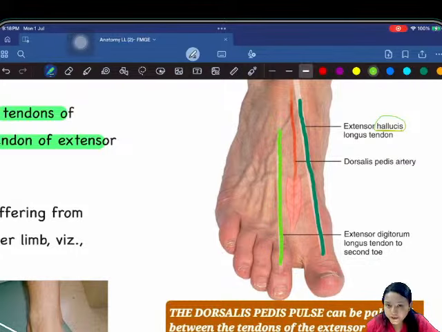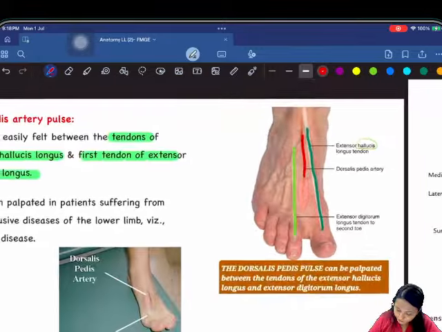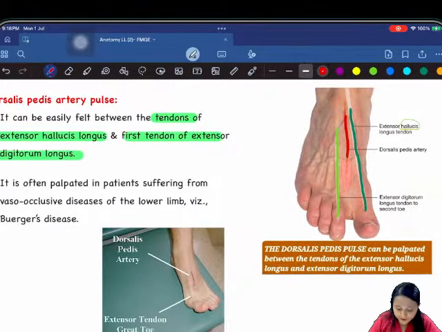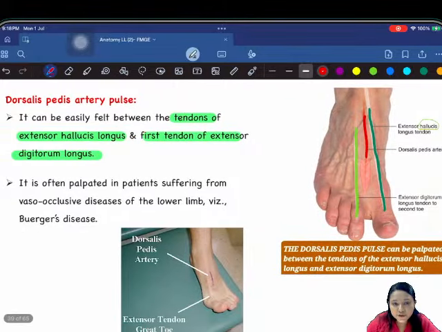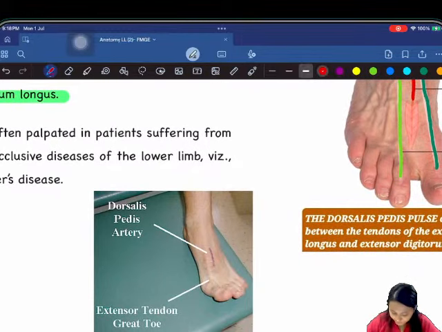Between these two tendons you will have this artery, that is the dorsalis pedis artery. Okay? So questions mostly come on these two tendons, and it is often palpated in patients suffering from vaso-occlusive disease of the limb, like Buerger's disease. So you can already see that this tendon is extensor hallucis longus, and another tendon you will have is the extensor digitorum longus.